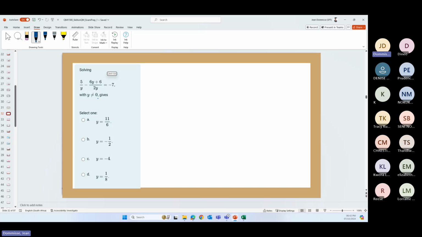Okay, so let's look at this one. We need to solve this equation. So what we need to do, the easiest way, is to get rid of what we are dividing with. So I want to get rid of that y and that 2y.